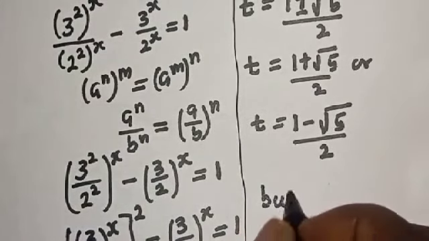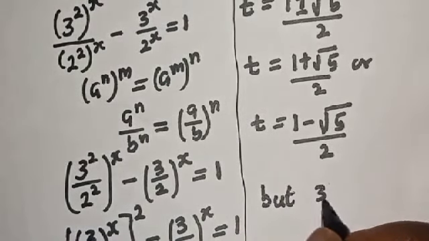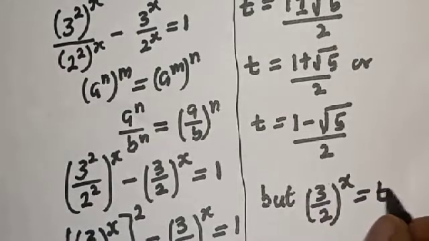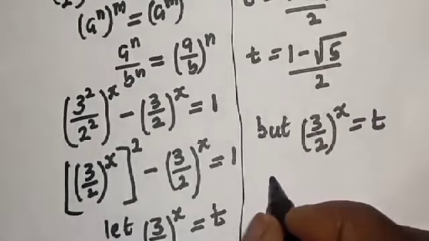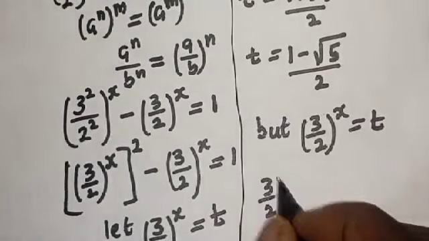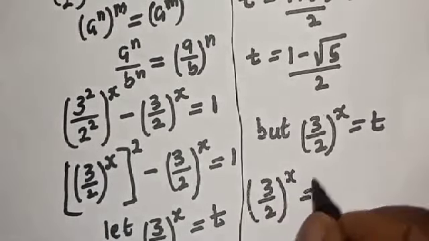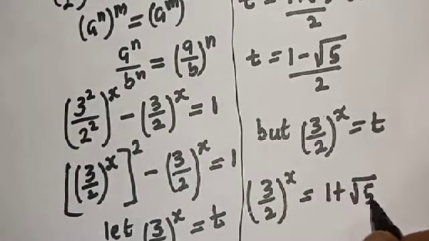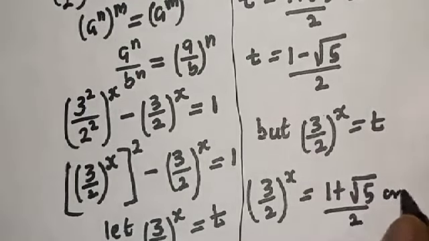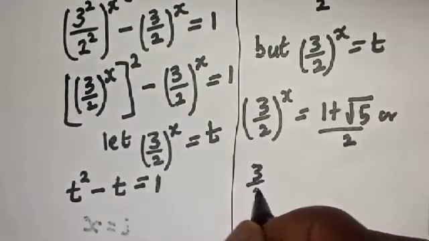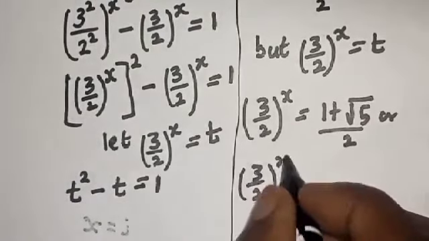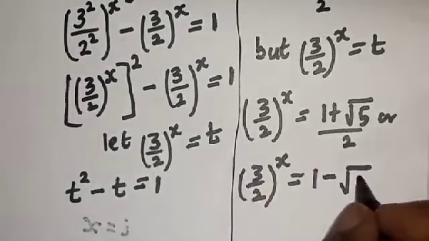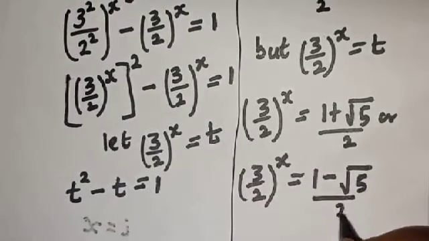But 3 over 2 raised to power x is equal to t. Then we have 3 over 2 raised to power x is equal to 1 plus square root of 5 over 2, or 3 over 2 raised to power x is equal to 1 minus square root of 5 over 2.